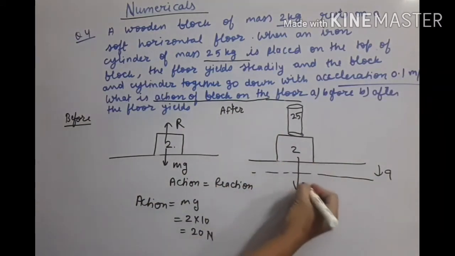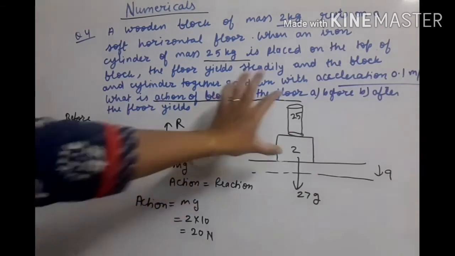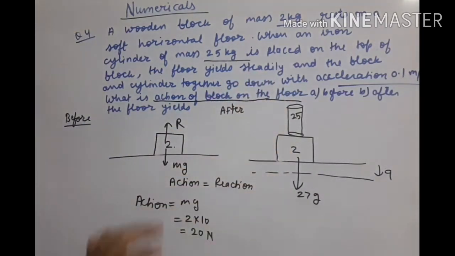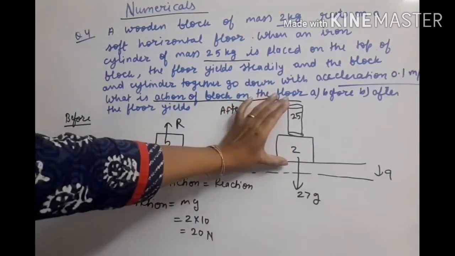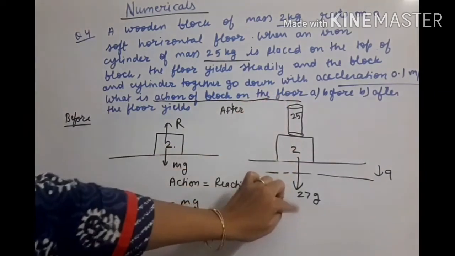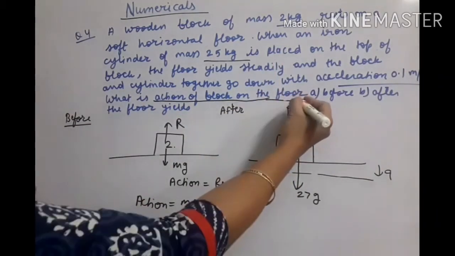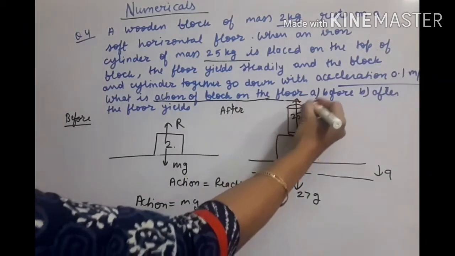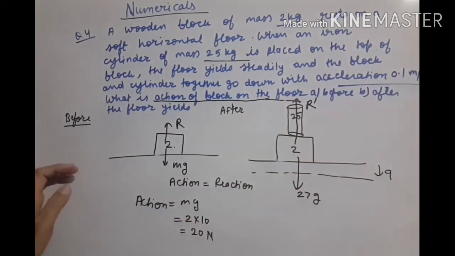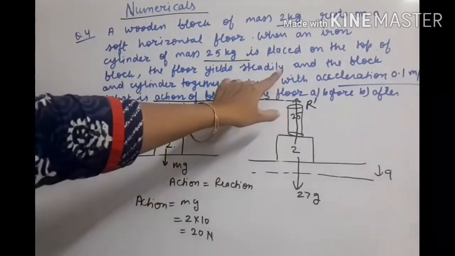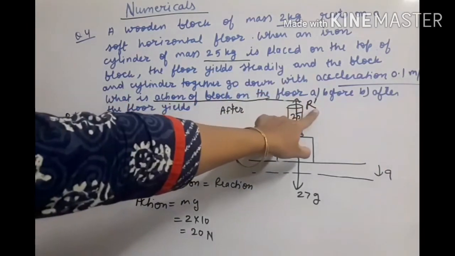So the total weight 27g will be acting downward by the system on the floor. Then, if this is the downward action, the normal reaction on the system, suppose R dash, will be in the upward direction.